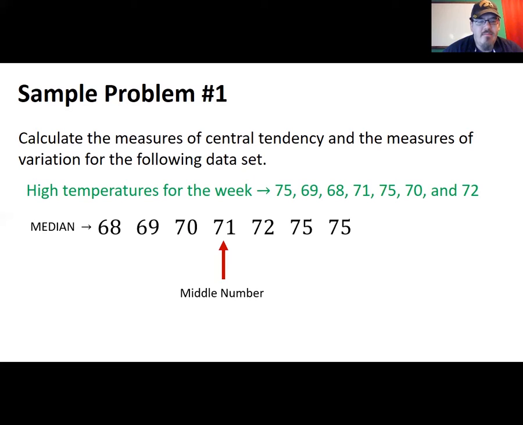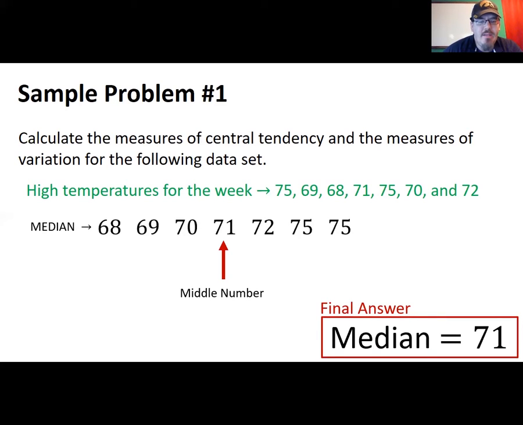What some people will do is just start crossing off a number from each end until they get to the middle. You can also count up and figure out how many numbers you should count until you find that middle number, whatever method works best for you. But the key thing is it's the literal middle number in your list. So in this situation, our median is 71 degrees.